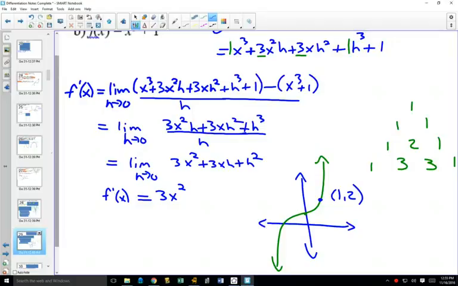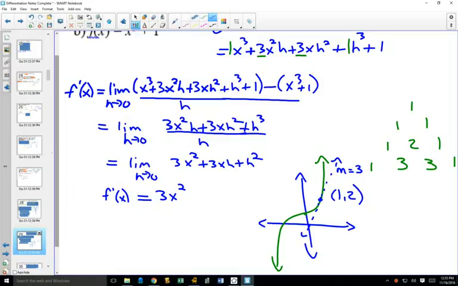And I now know that the slope of this line at 1, 2 is going to be 3. Because all I have to do is plug in 1 into my gradient function.